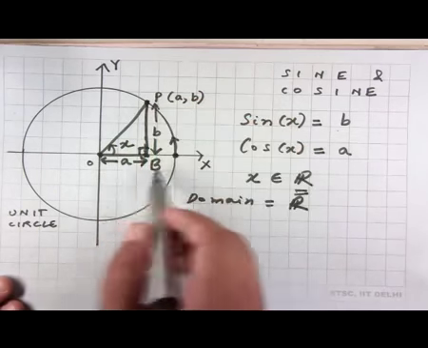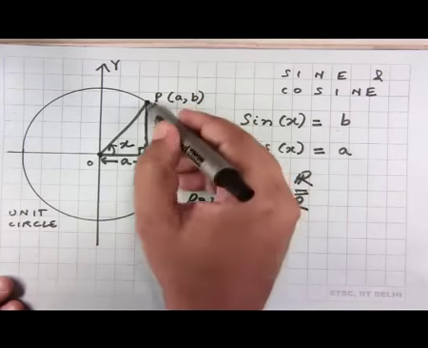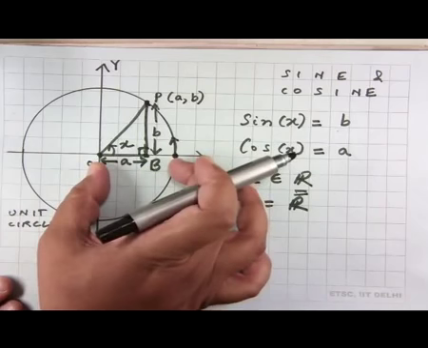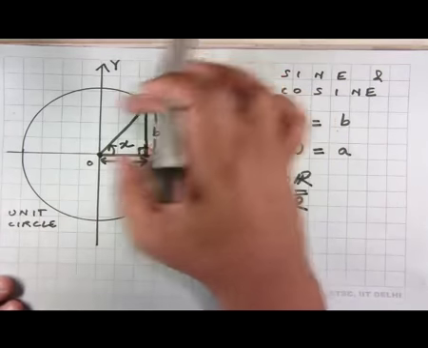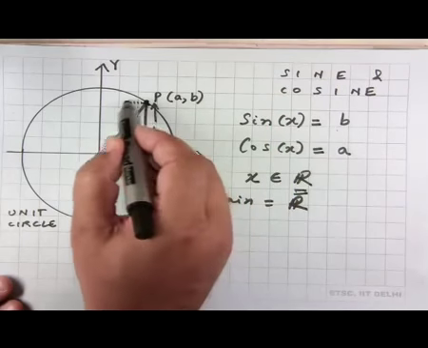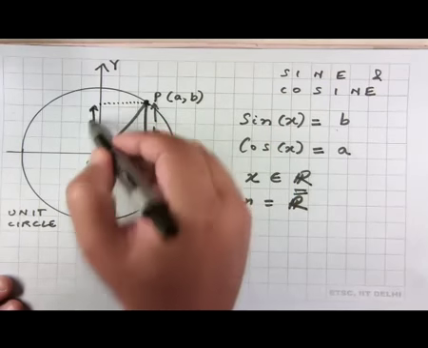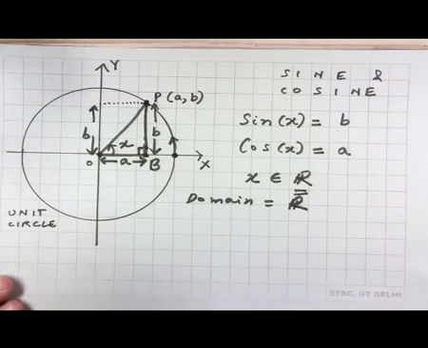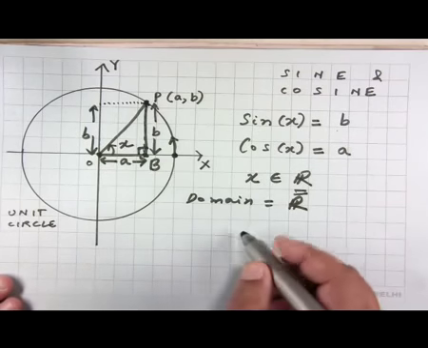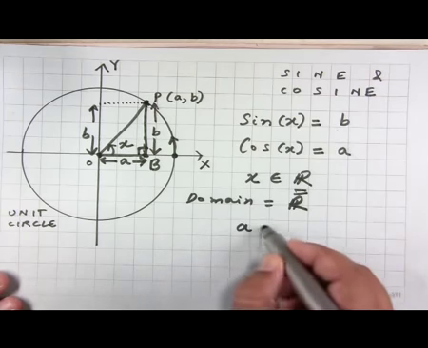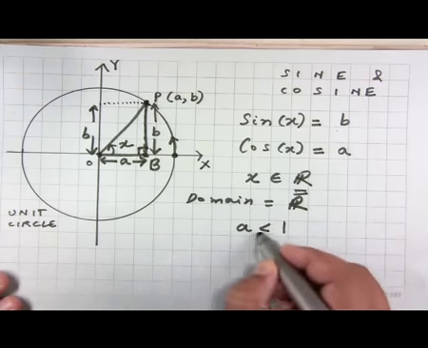For example, for this particular point P, this a is obviously less than the radius, and similarly this b has to be less than this radius here. If you project it here, then this is equal to b, so that also has to be less than the radius, and the radius is 1 unit. So one thing is for sure: both have to be less than 1, they can be equal to 1 also.